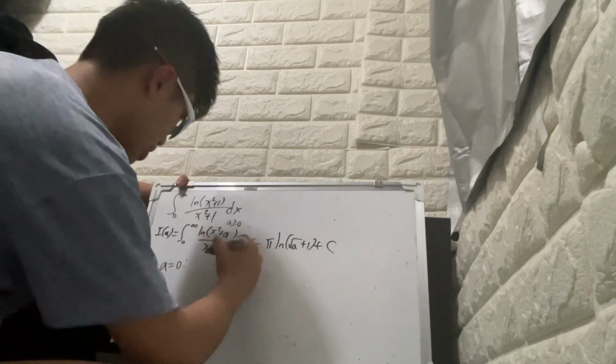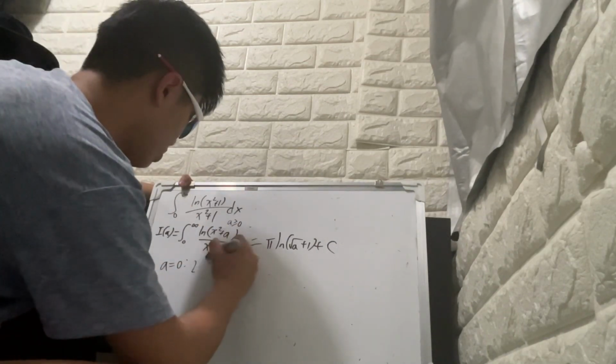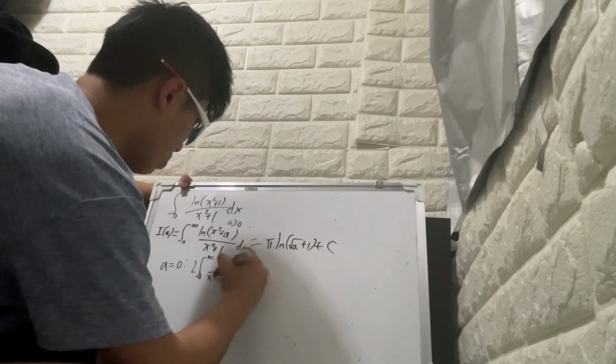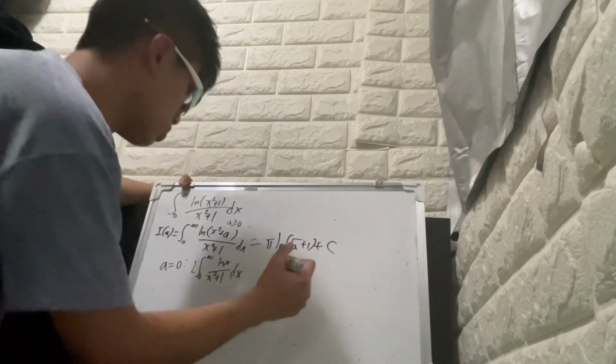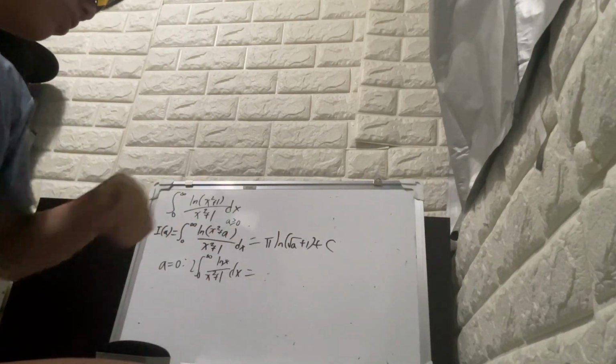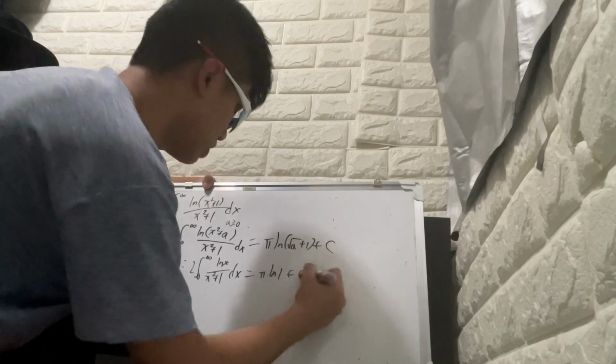You can put a 2 outside the integral, and you get 2 times the integral of ln x over x squared plus 1 dx. On the right-hand side, put a 0 into it, and you get pi times ln 1 plus c.